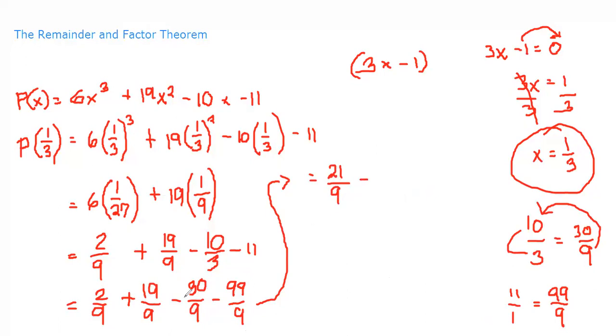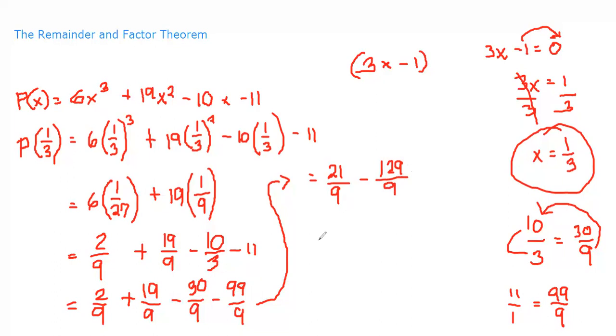Then the minus, because we combine the negatives: 30 plus 99 is 129, so 129 over 9.